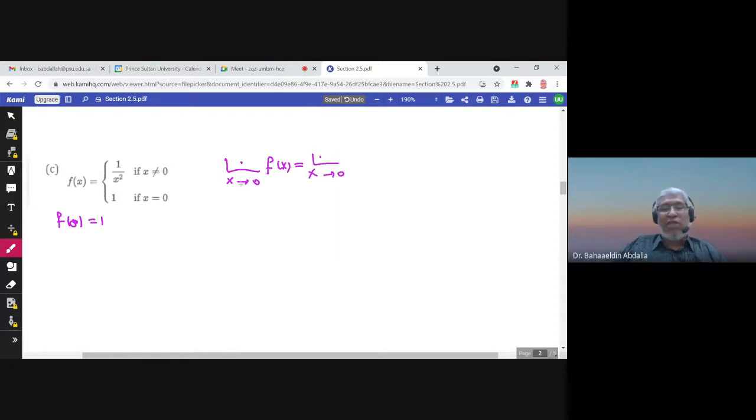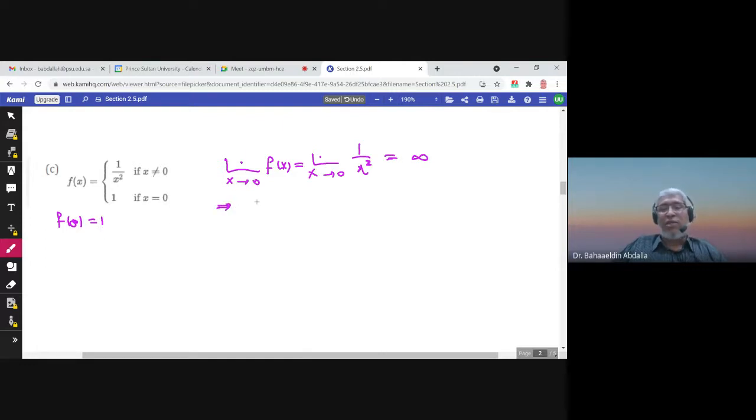Well, if x is not 0, either you're coming from the right or from the left, you will use 1 over x squared. But 1 over 0 is infinity. And if you come from the right, this would be positive. From the left, this would be positive. So the limit is always infinity. So the limit of f of x is infinity, which means it does not exist. It's not equal to 1.